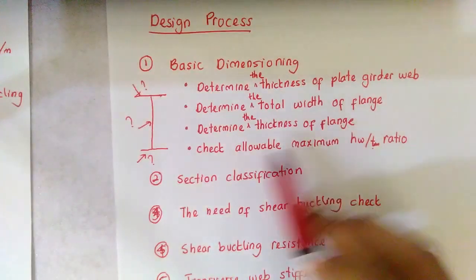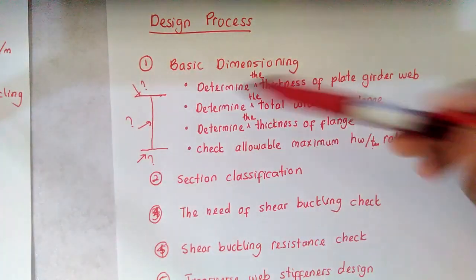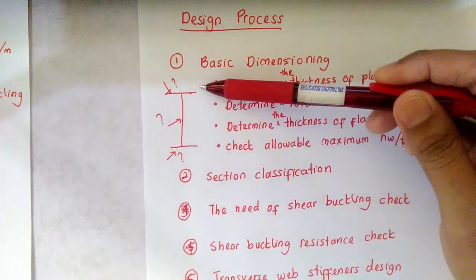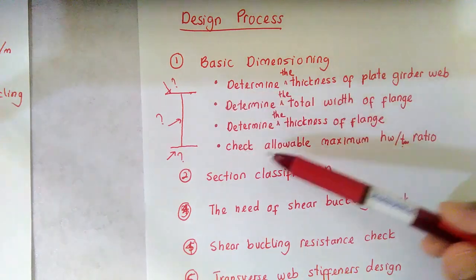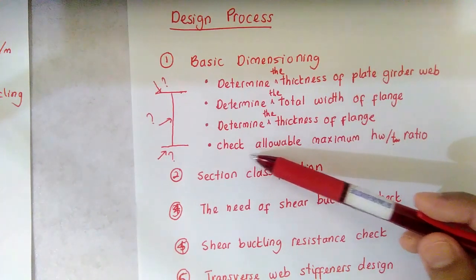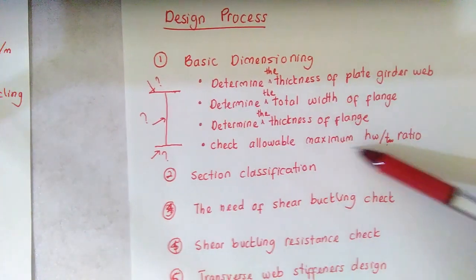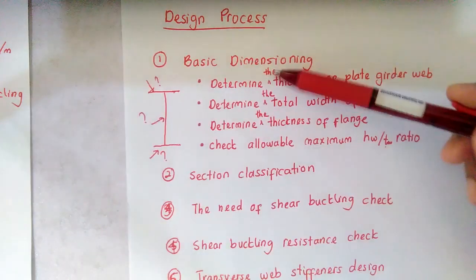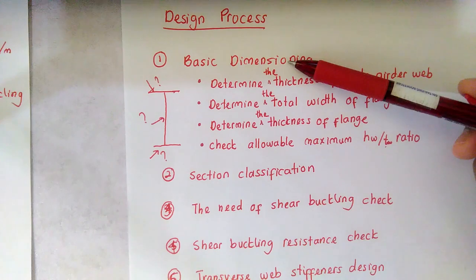You need to check the allowable maximum because you have to make sure that the size that you propose for the two flanges and the web must be less than the allowable maximum hw/tw ratio. So that is what we call basic dimensioning.